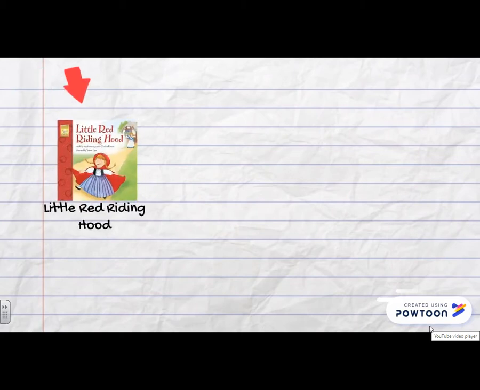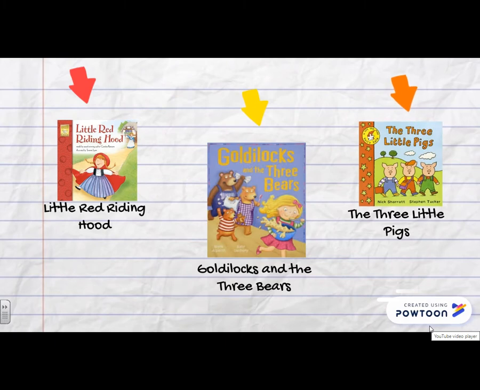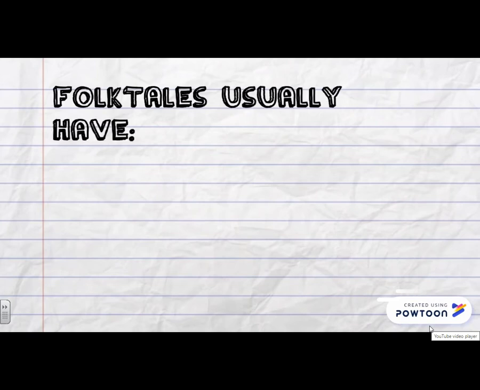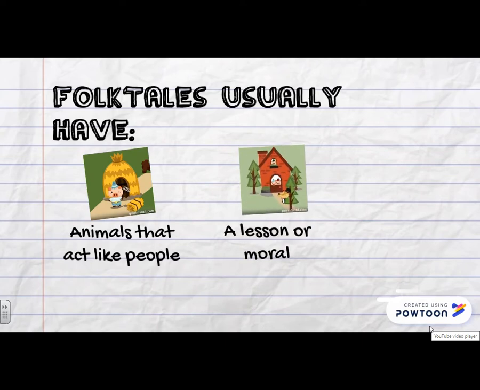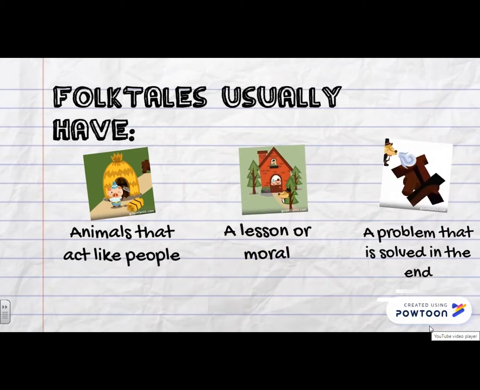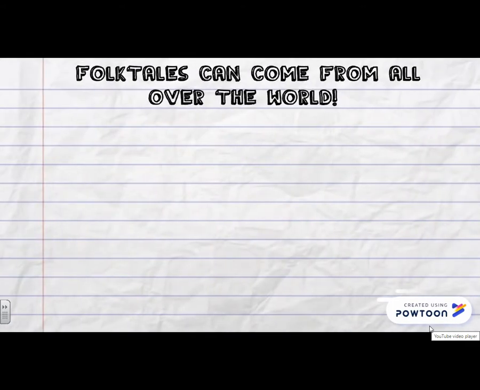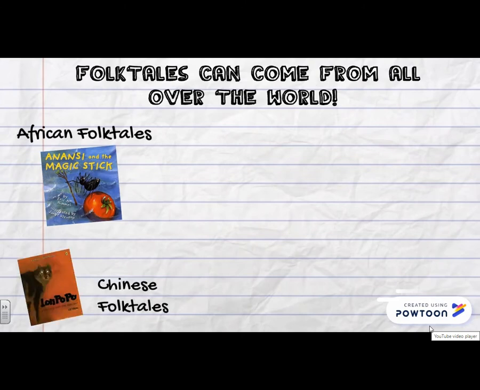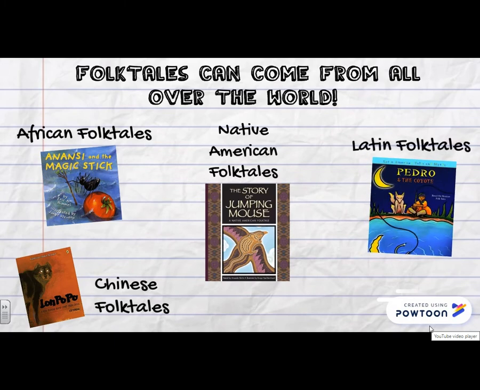Little Red Riding Hood, Goldilocks and the Three Bears, and the Three Little Pigs. Most folktales usually have animals that act like real people, a lesson or moral, and a problem that gets solved in the end. Folktales can come from all over the world. There are African folktales, Chinese folktales, Native American folktales, and even Latin folktales.